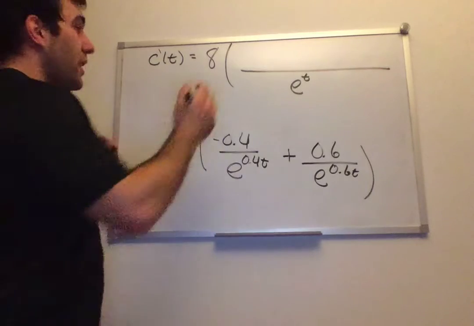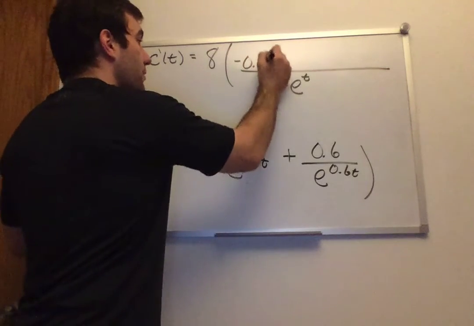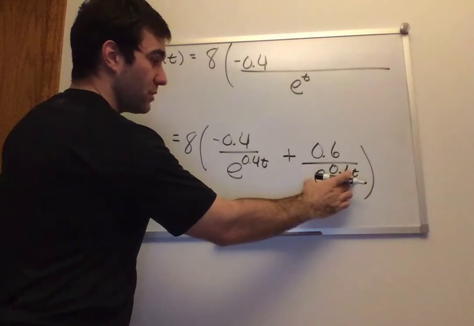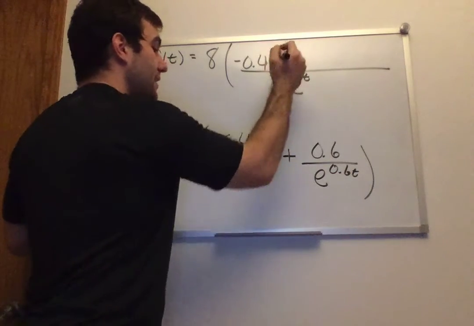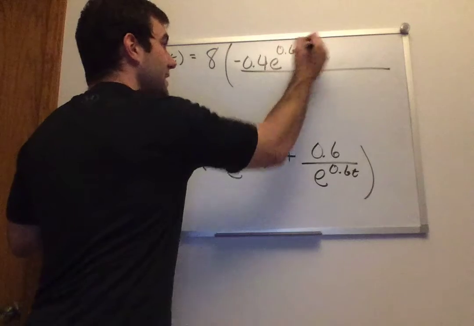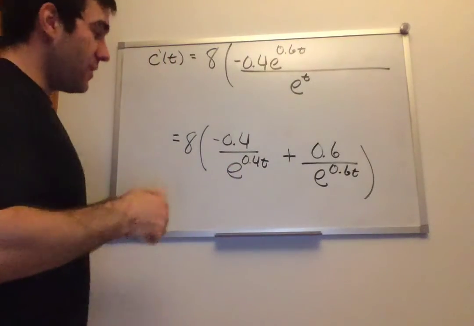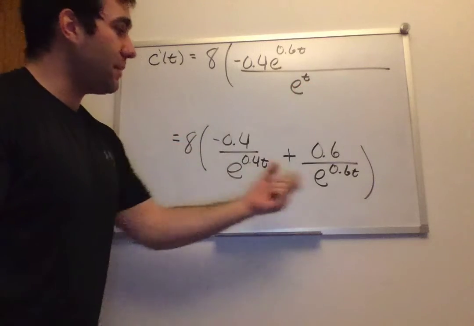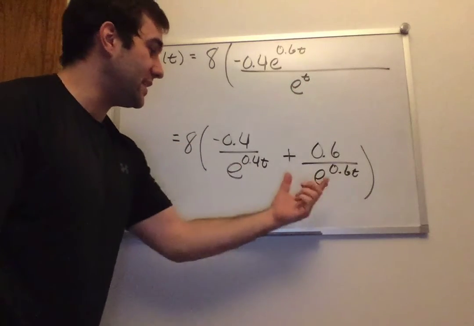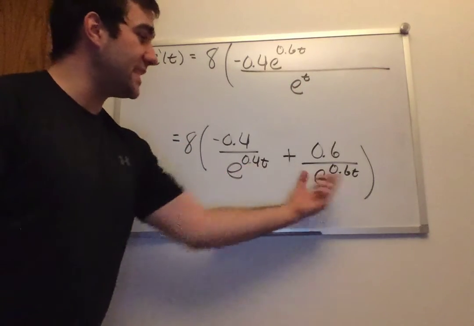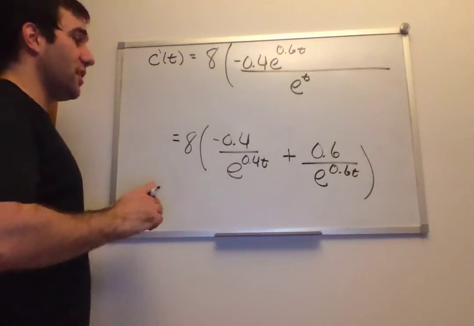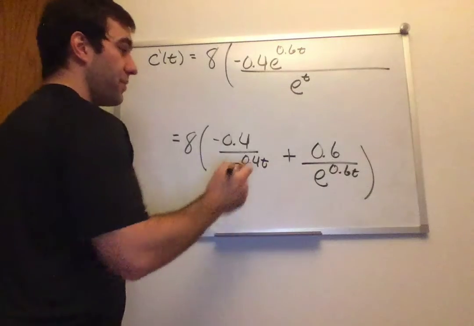Now we need the numerators. So we've got negative 0.4. Now this piece is going to be multiplied by e to the 0.6 t, because we've got an e to the 0.4 t. To get to the least common denominator, we need to multiply by this piece. This denominator is missing this piece, so that's why I'm multiplying the numerator by that denominator over here.